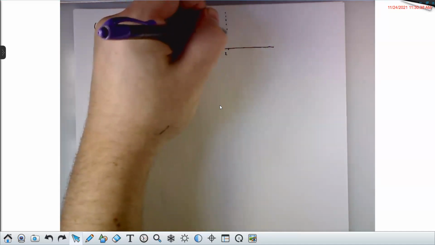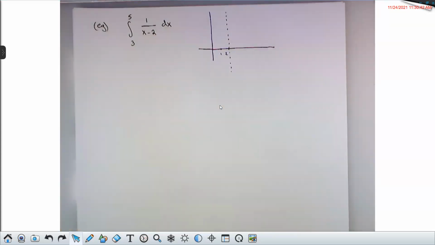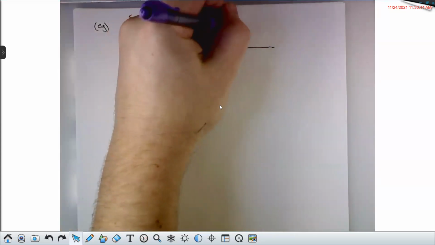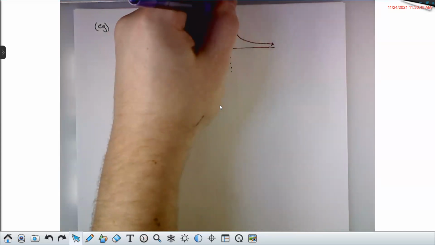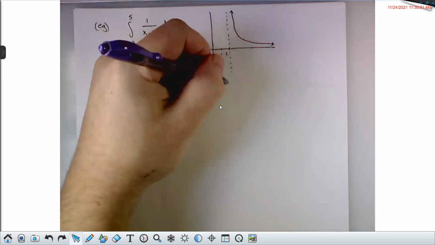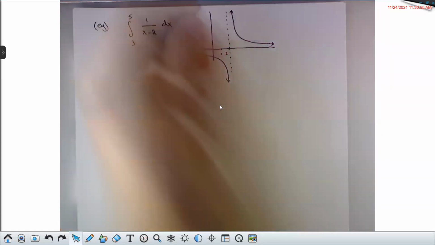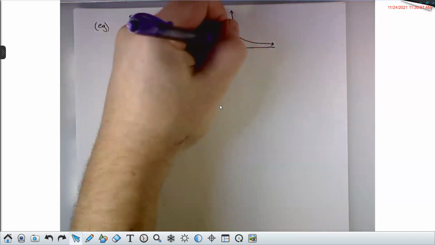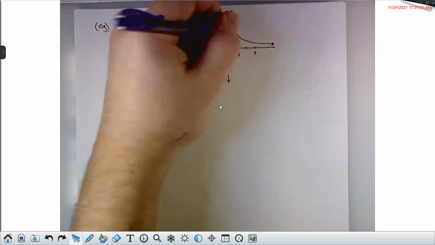This function has a vertical asymptote at x equals 2 because the bottom is 0 there. And it looks like this over here. There's another branch over here, which I'm not terribly worried about because I'm working from 3 to 5.